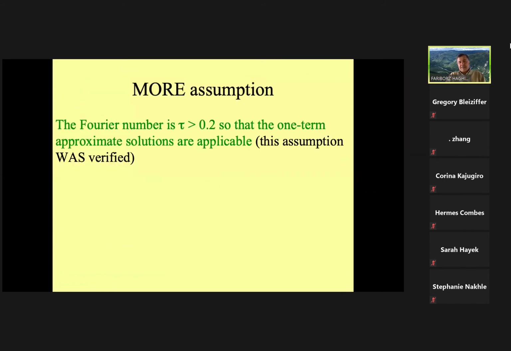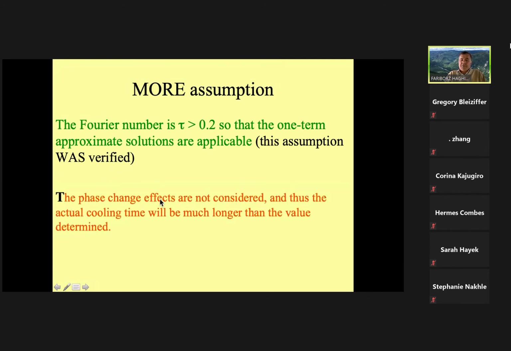Therefore, again, when we did this problem, we made an assumption that tau is more than 0.2, but we verified that was okay. But phase change effects are not considered. And thus the actual cooling time will be much longer than this value, because there is a certain time we need energy to be transferred to change from the liquid to the solid.